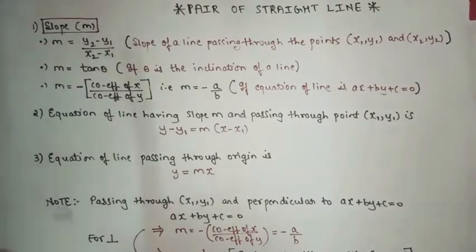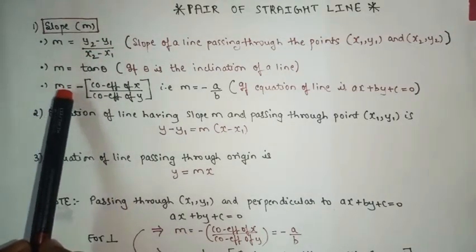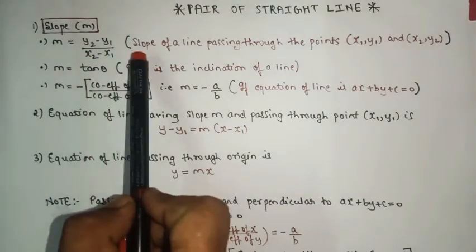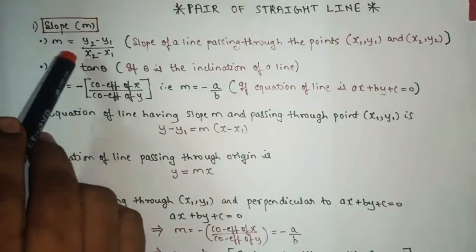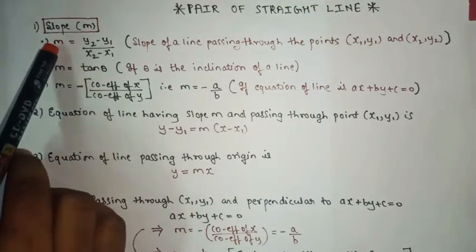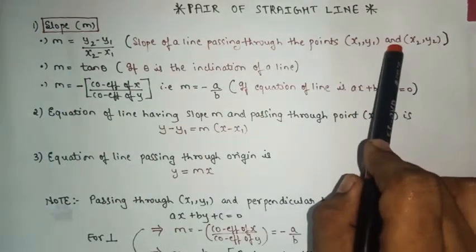Okay, now let's see how to find the slope. Here we have three formulas to find the slope, and here we have the condition also for when you have to find the slope.